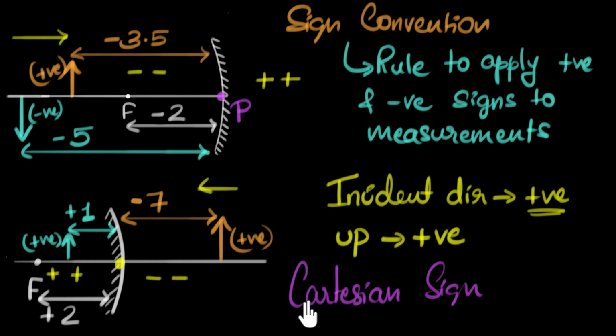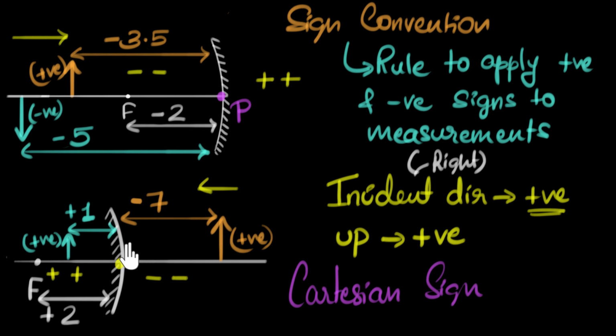Now, one small thing is that in some textbooks, they follow this a little differently. It's pretty much the same. The only different thing that they would do is while drawing the diagrams, they will always make sure that the incident direction is drawn to the right. Then automatically the right side will always be positive. For example, they would recommend never to draw like this, because over here incident direction is to the left.